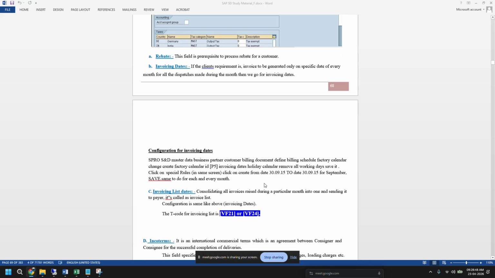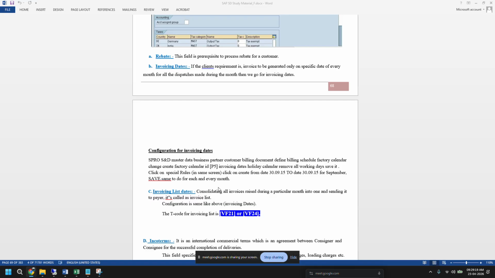Now, invoice list. In this case, what is happening? There are multiple invoices. You are creating individual invoices, that's fine, but the billing date is common, when you are using this invoice date field. But there could be one more requirement. The customer says, okay, I'll buy 10 pieces in the month, or I will give you 10 separate orders, so you don't create 10 invoices, you create a combined invoice.